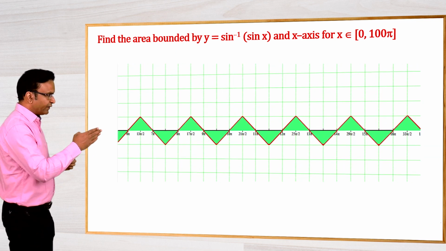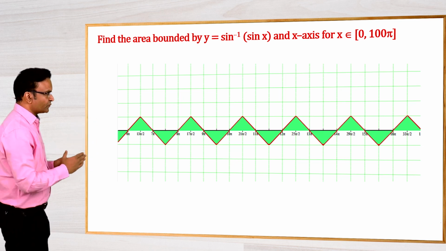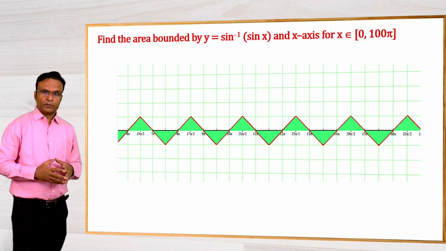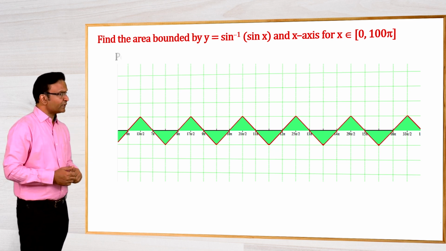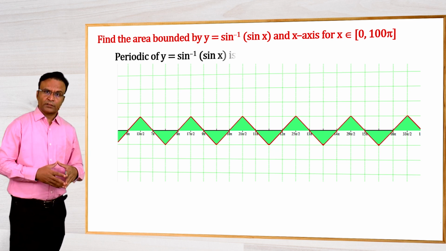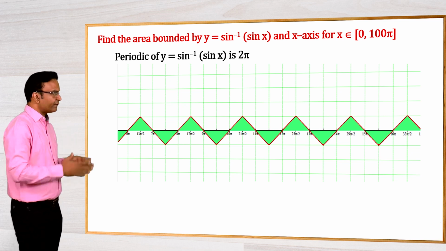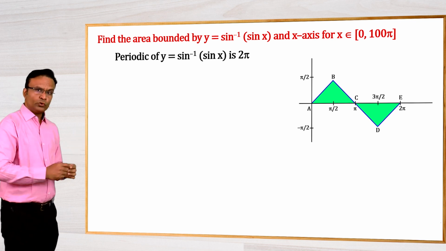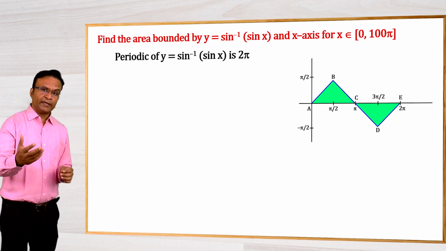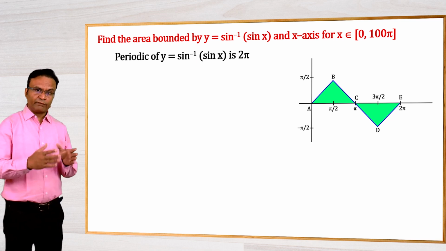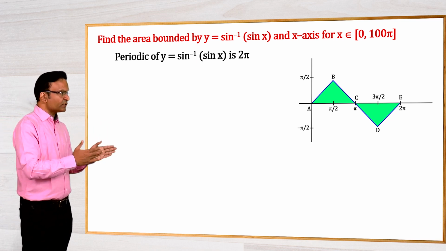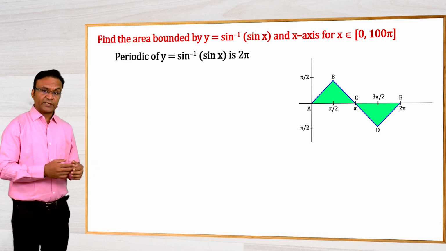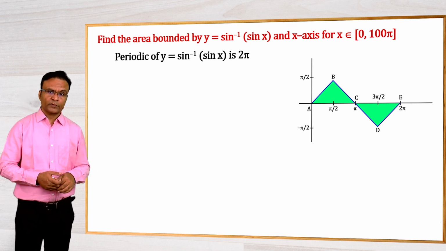Okay, we have this many triangles from 0 to 100 pi. The period of this function is 2 pi. So what we can do, we can find the area for interval 0 to 2 pi and multiply it by 50. We have 50 such intervals which has length 2 pi.